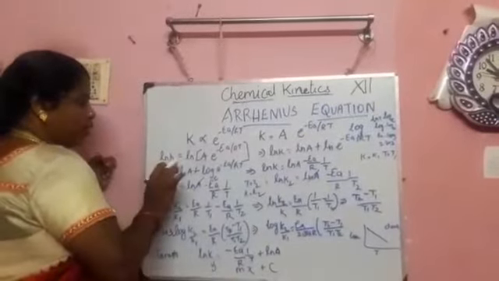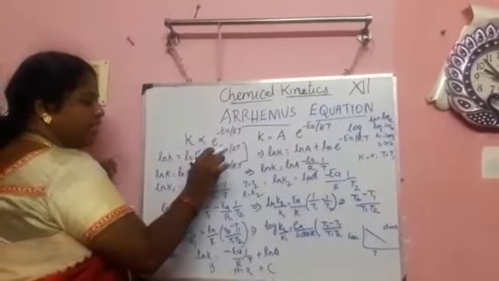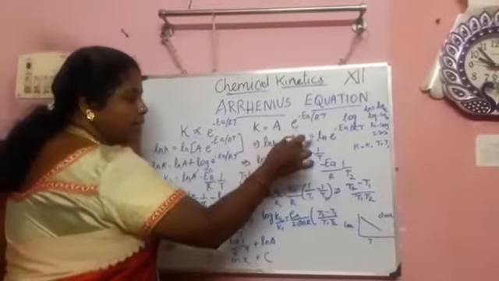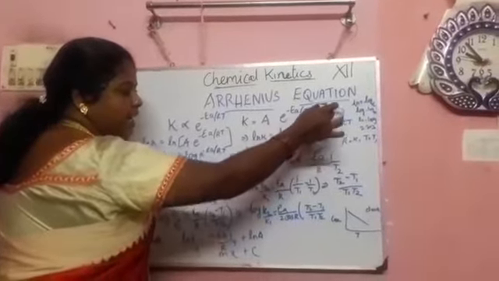So ln k equals ln of A into e to the power of minus Ea by RT. Individually, ln k equals ln A plus ln e to the power of minus Ea by RT.